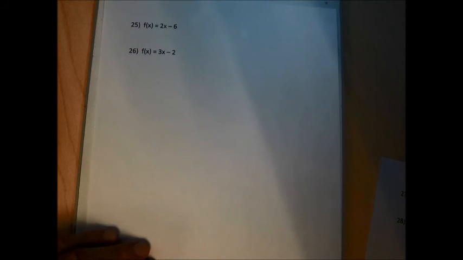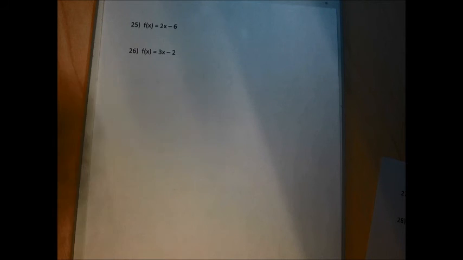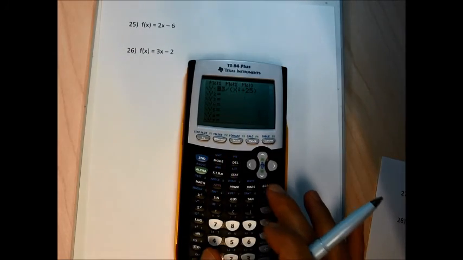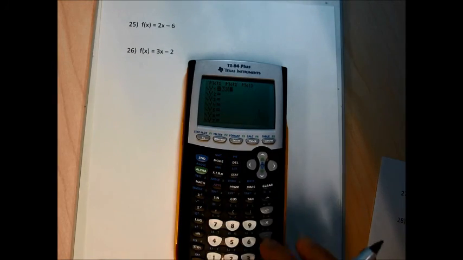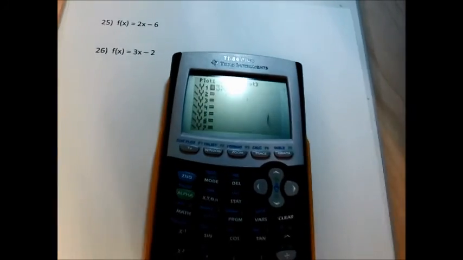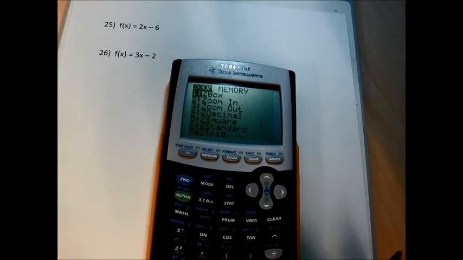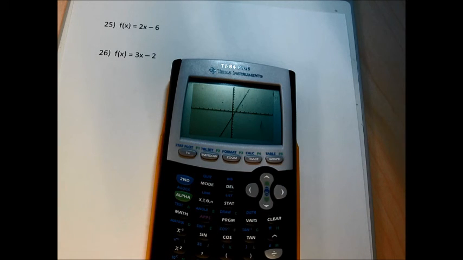There's only 2 more even problems. I could graph this without a calculator, but I'll graph it with my calculator just to show you. So this is 3x minus 2. Again, let me zoom in a little bit and hit enter, zoom, standard. This is just a lovely line.